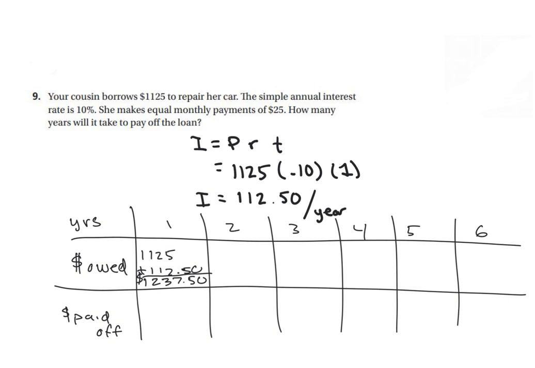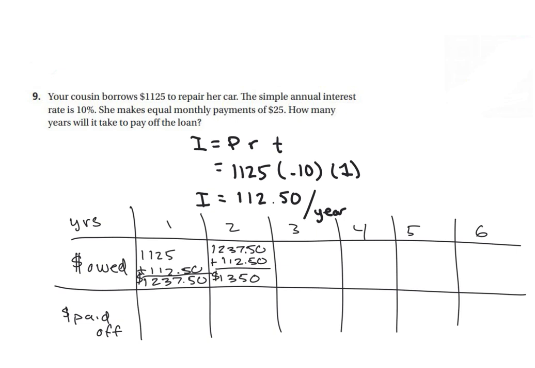Now, if we go a whole other year without making any payments, we owe $1,237.50 plus another $112.50. So we would owe a total of $1,350 after 2 years.